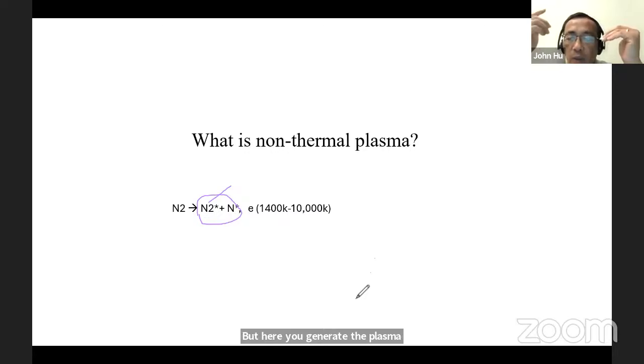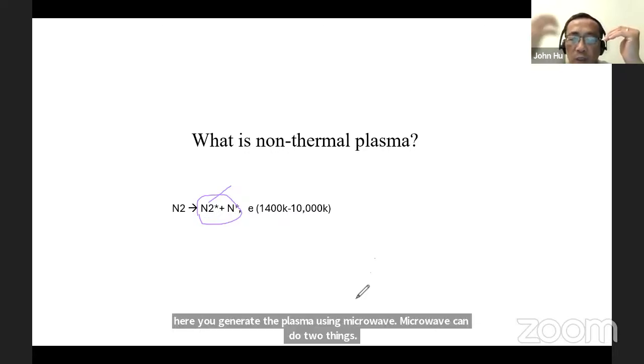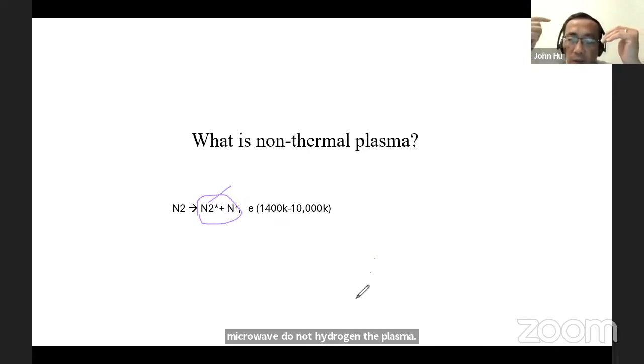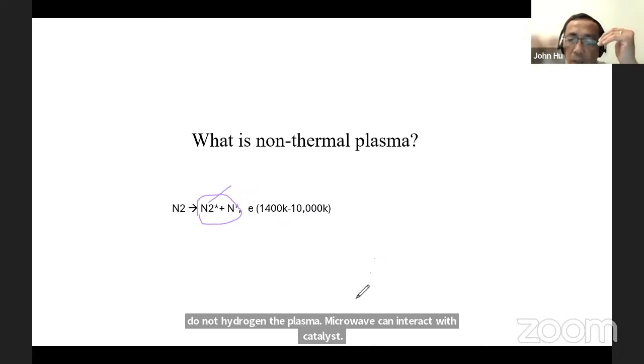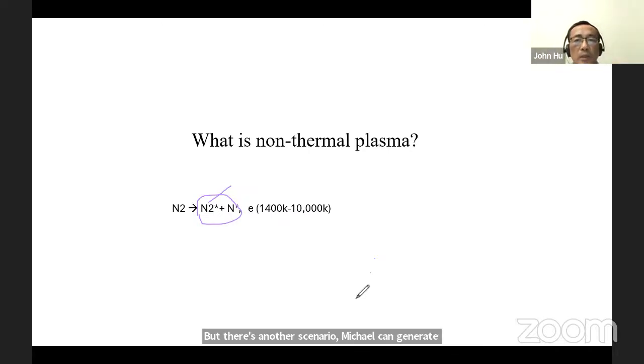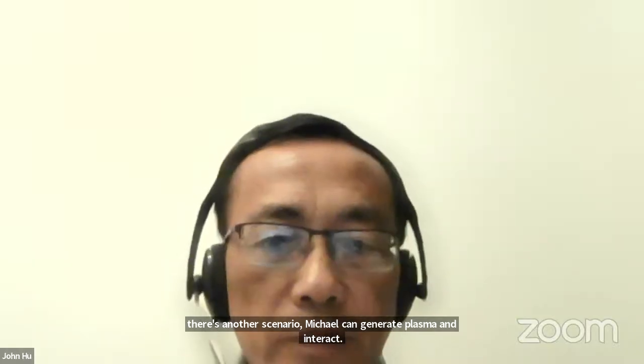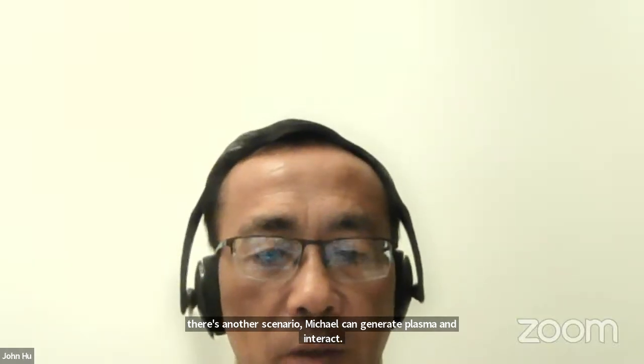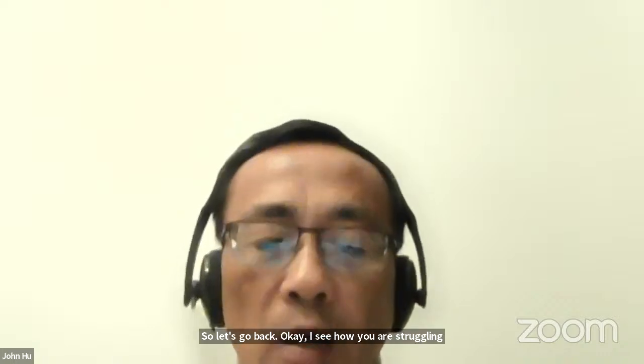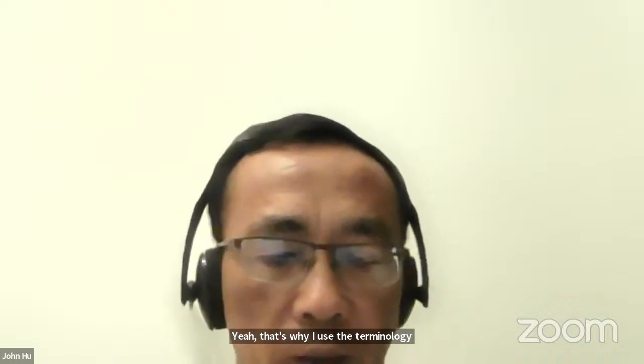Microwave can do two things. It does not have to generate plasma; it can interact with the catalyst. But in another scenario, microwave can generate plasma and interact. That's why I use the terminology microwave only, no plasma.